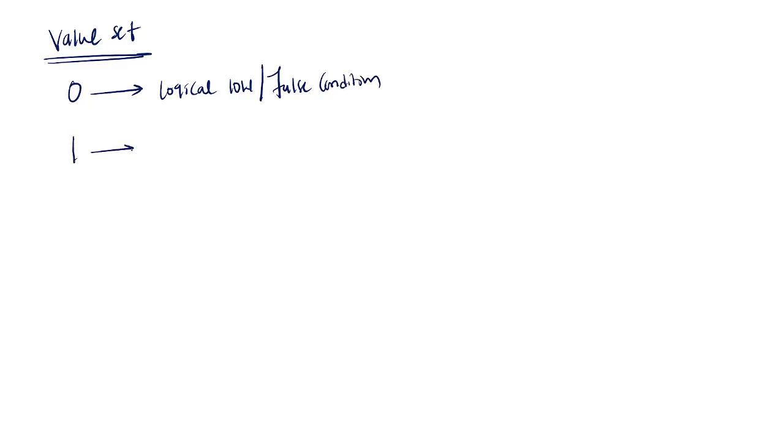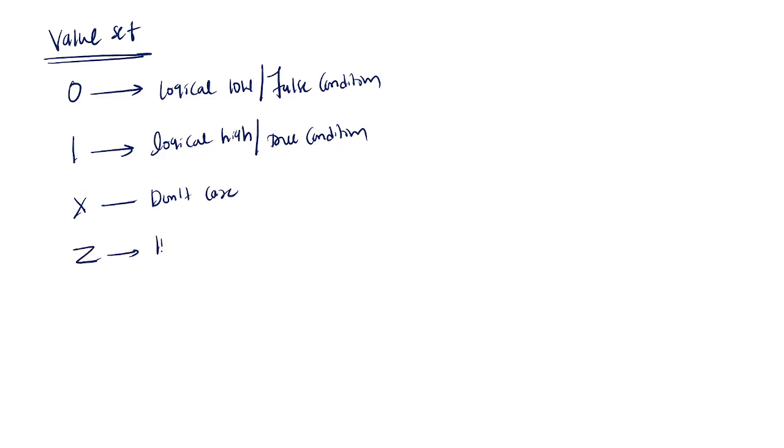And 1 is nothing but logical high or true condition. And next, x is nothing but don't care. And z is nothing but high impedance.